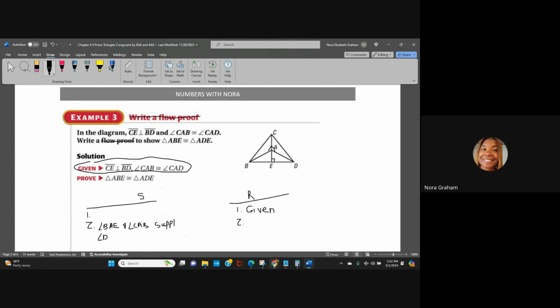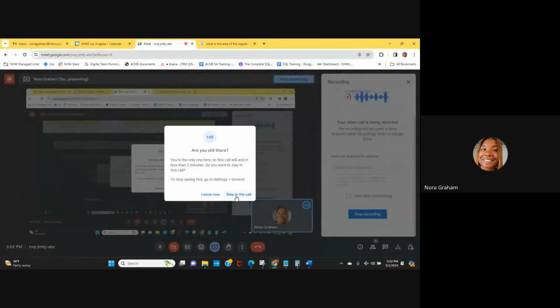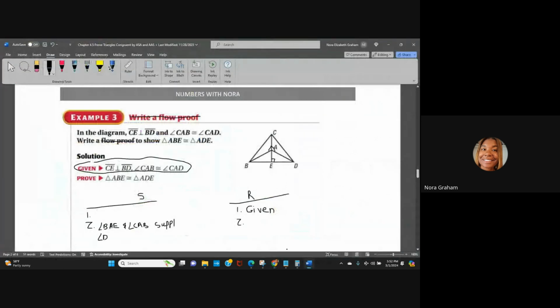angle DAE and angle CAD. Sorry, it's horrible.